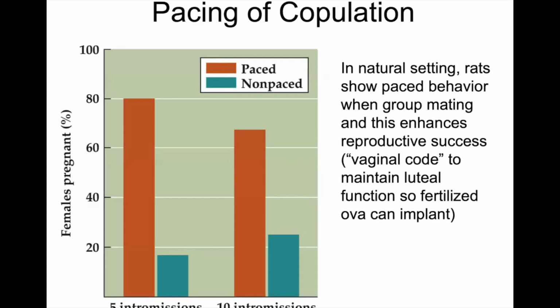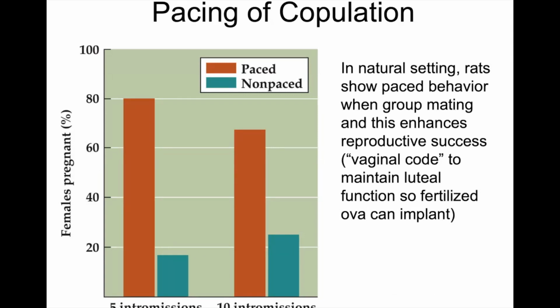So this is something I wanted to go over, the pacing of copulation, and I first want to point out that this hasn't been studied very well in primates. Most of what we know about this phenomenon is from rodents. But in rodents, we have known for some time that the pacing of sexual behavior can enhance reproductive success.